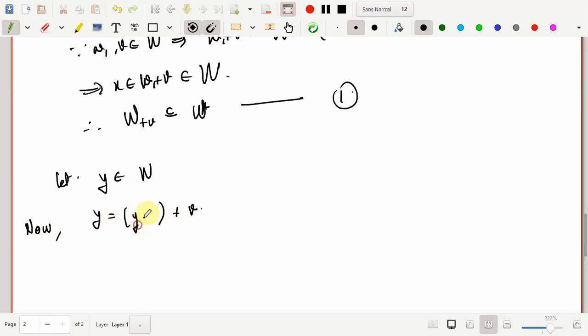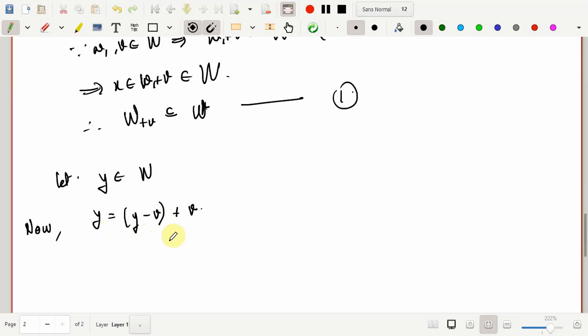Now how can I balance the term? I need here y minus v, so that when I apply the associativity, this minus v becomes the additive inverse of this v, and this will become 0, and you will get y plus 0, which is the same as y. So note that y can be expressed in this form. This suggests that your w has to be y minus v. So if I can show that this y minus v is in W, then we are done, isn't it?